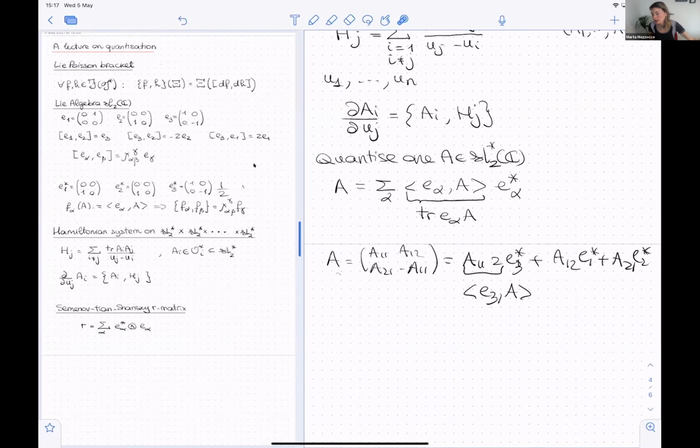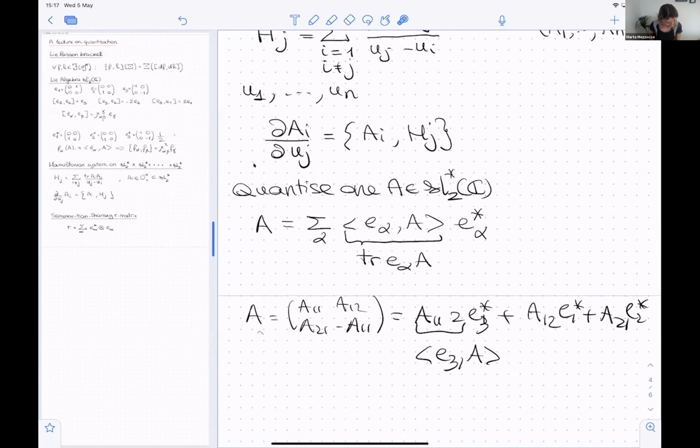What I'm trying to say is that we can think about the components of our matrix A as functions over SL2C, okay? And these functions are simply very natural functions of this type.